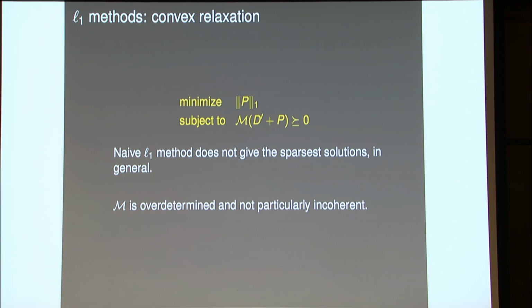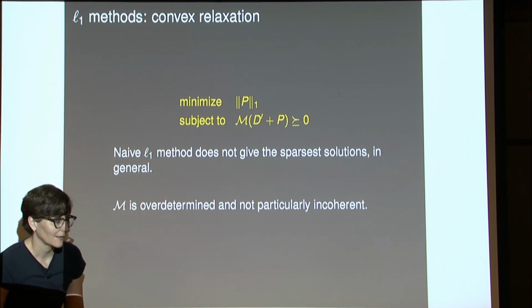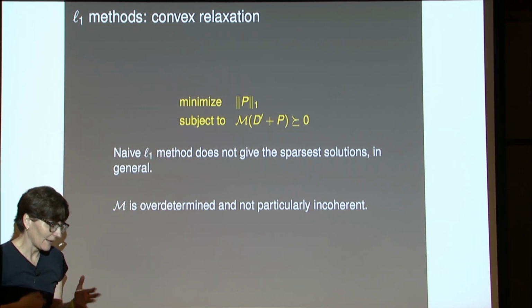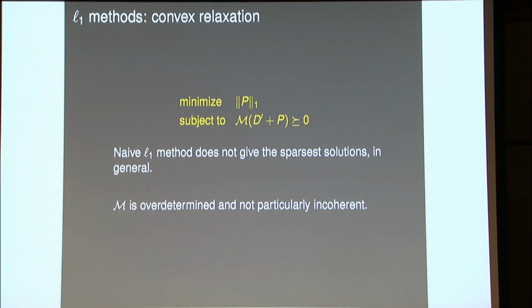And I would say do not do that. It's very tempting. It's very successful in many other applications, but don't do that. You implement it and test it. The naive solution, an implementation that solves this sort of naive setup, does not give the sparsest solutions in general.